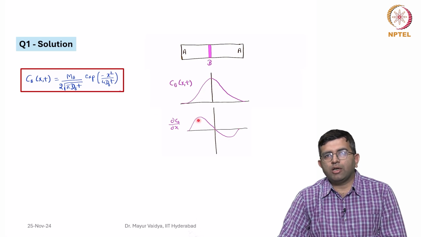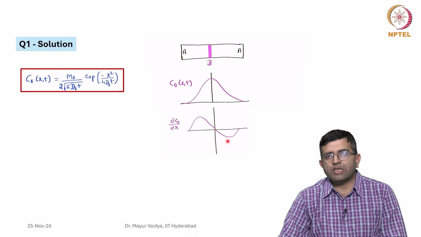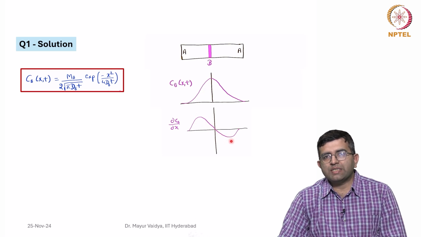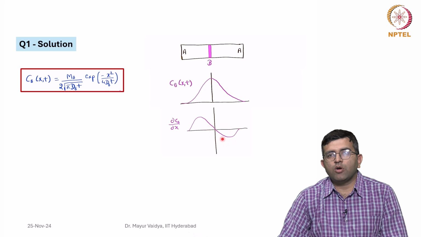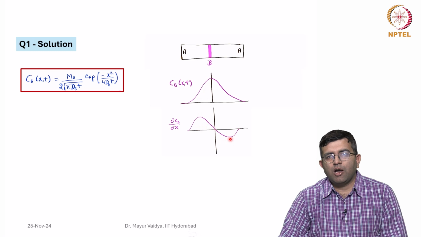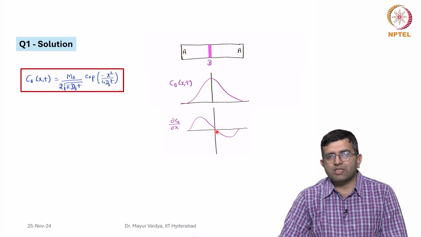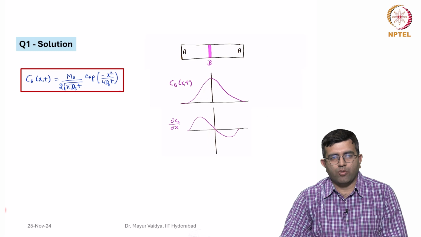So here it is positive, whereas here it is negative. Therefore this is not symmetric about x equal to 0, but rather anti-symmetric. Whatever the amplitude is here, it is the same amplitude here also, but with the opposite sign. So the correct statement is that it is anti-symmetric about x equal to 0.